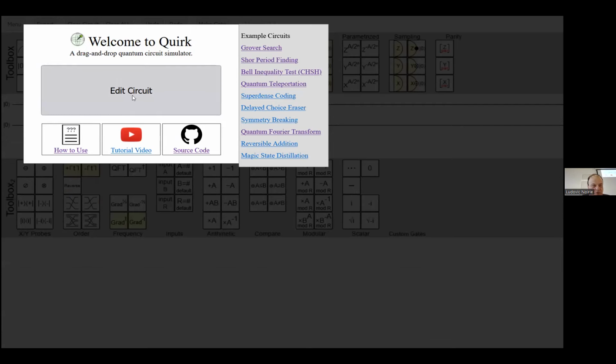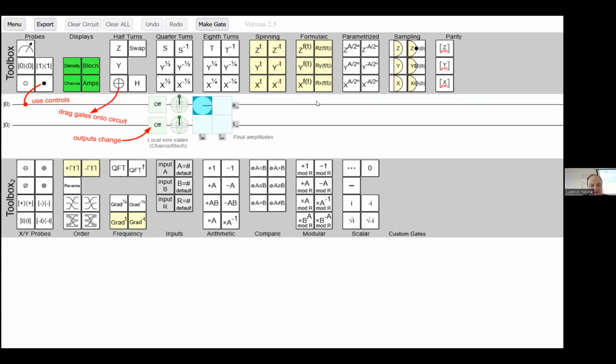But we will not look at them during this seminar. And if you want to edit, then you can edit the web circuit using this board. But the goal of today's presentation is to explain how to use it.